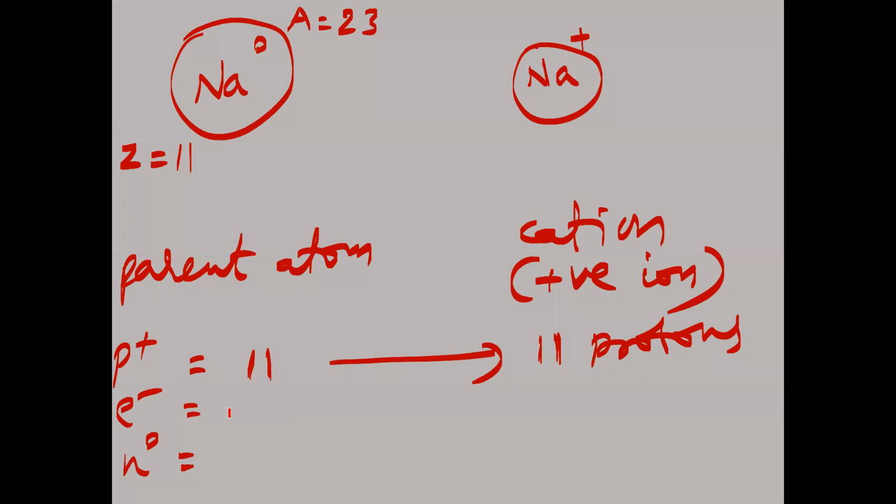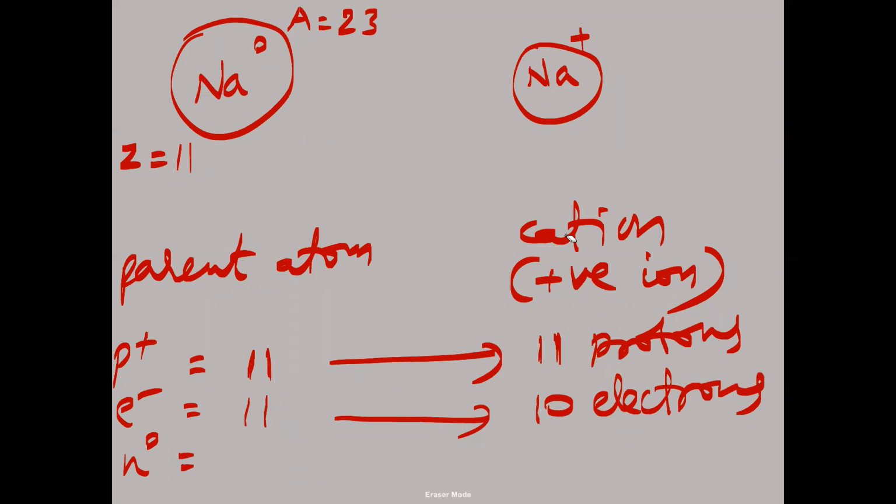And how many electrons are there in the sodium atom? In a neutral atom, the number of electrons is equal to the atomic number, so 11 electrons. But here only 10 electrons. Why only 10? One electron is lost. So loss of electron is taking place. The sodium atom has lost one electron and converted into a sodium ion.